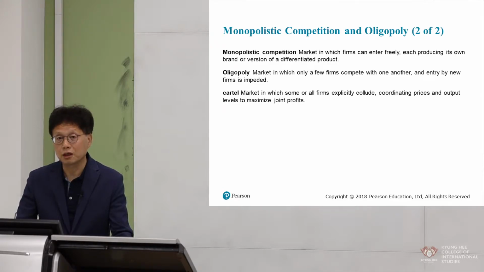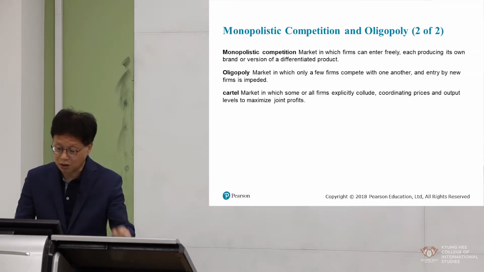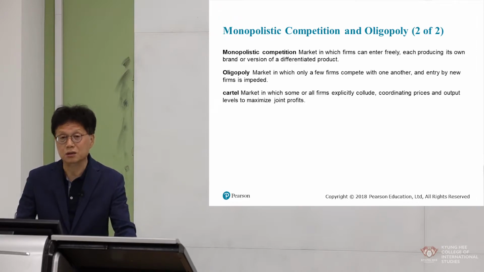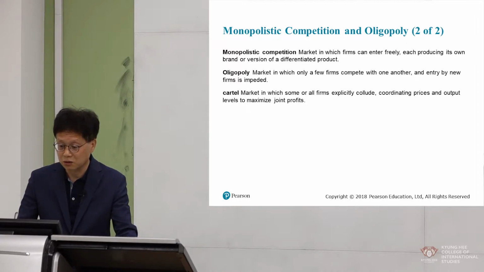Free entry and exit means long-run profit should be equal to zero. And the second feature is differentiated product. Until now, we assumed they are homogeneous products. But all the jjajangmyeon is not the same. All the pizzas are not the same. They are a little differentiated from each other. Okay? That is monopolistic competition.